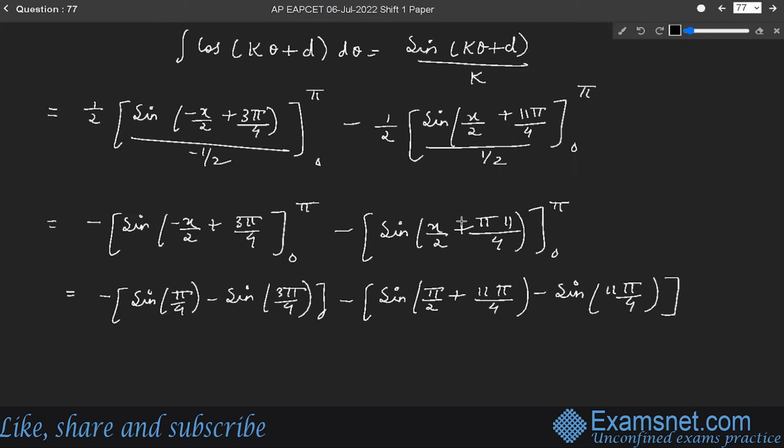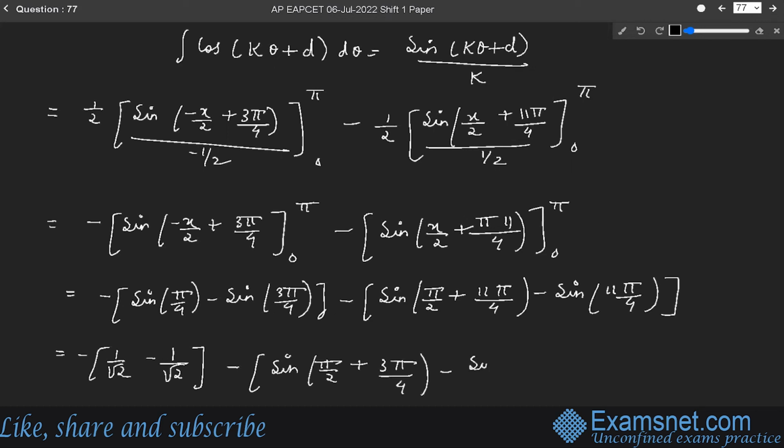So substituting the values here, this will be equals to minus of 1 by root 2 minus of 1 by root 2 minus sin pi by 2 plus 3 pi by 4 minus sin 3 pi by 4.